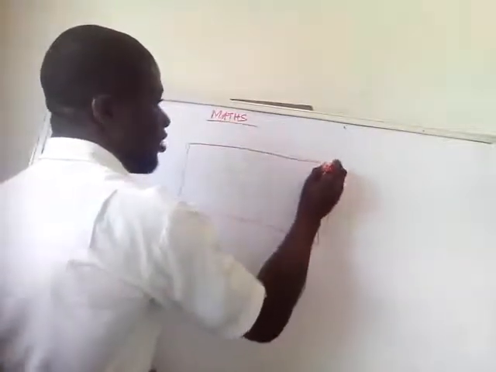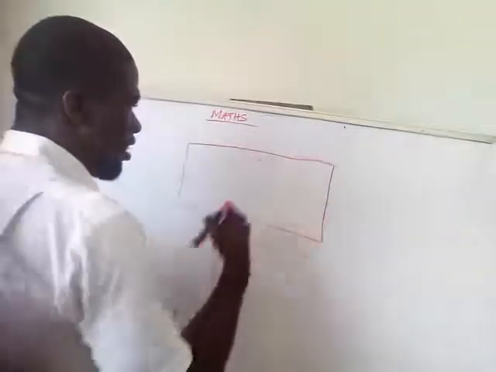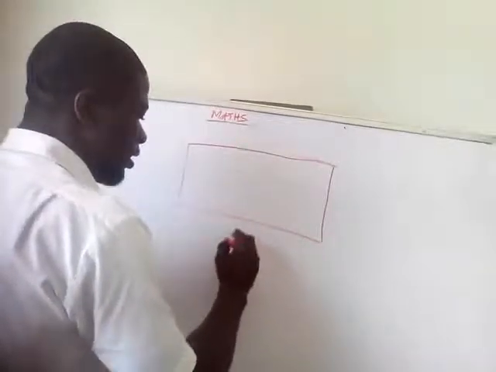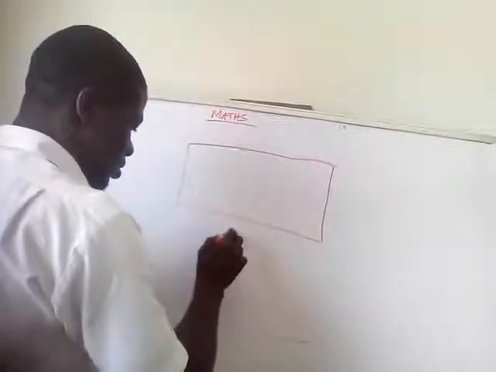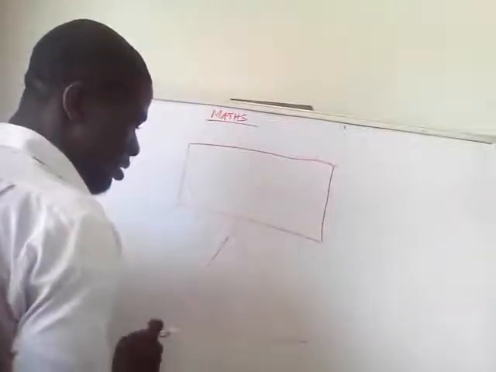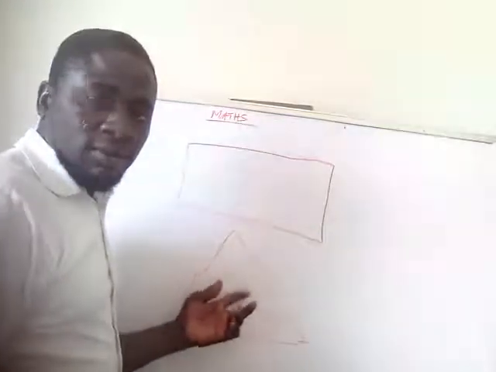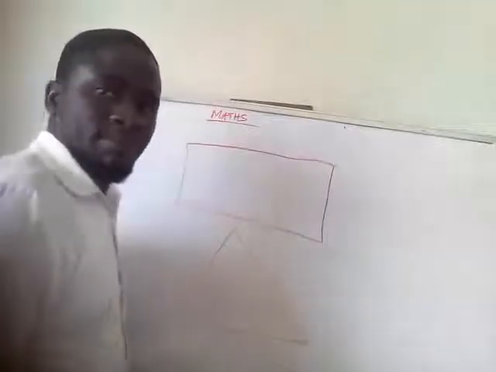Let's say it's a freehand sketch. So, assuming you are given this as a rectangle, and you also have something like this, you know this is a triangle, right? This is a triangle and this is a rectangle.